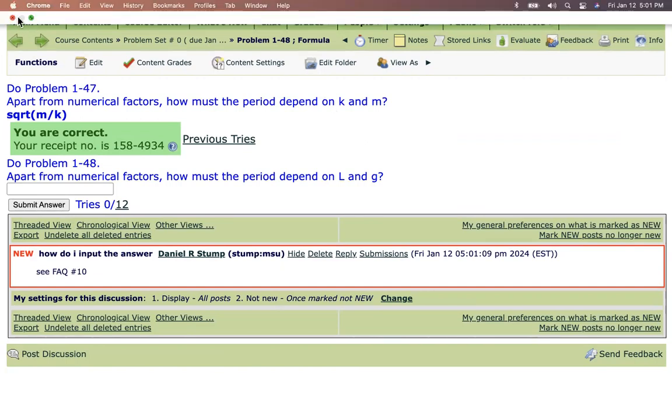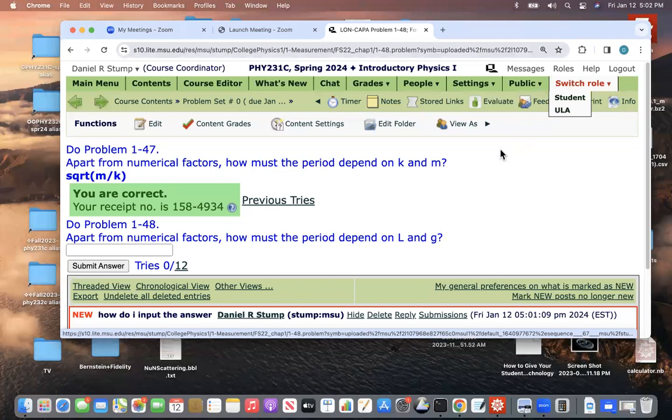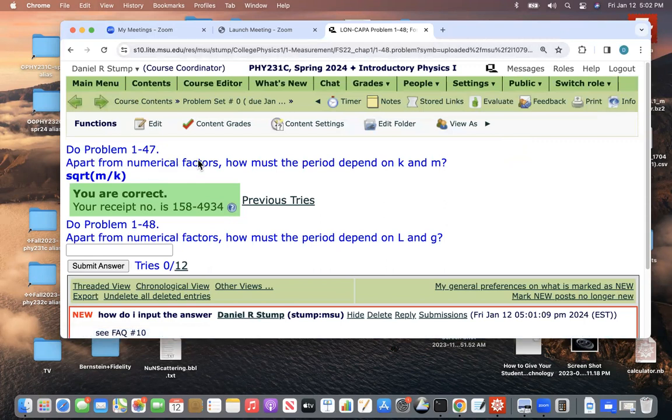All right, so let's see what happened. What I'm inputting is this, 2 pi square root of m over k. It says without numerical factors, which means don't include any numerical factors. 2 pi is a numerical factor.